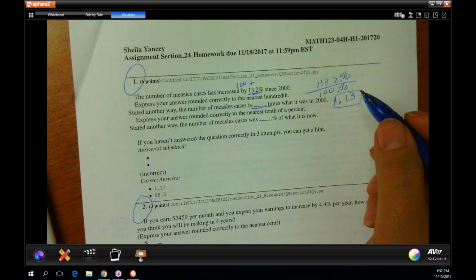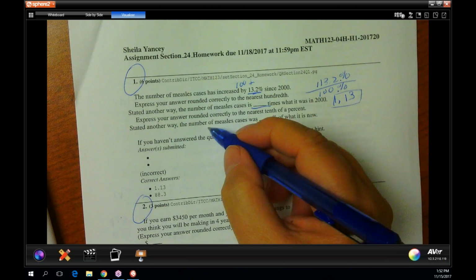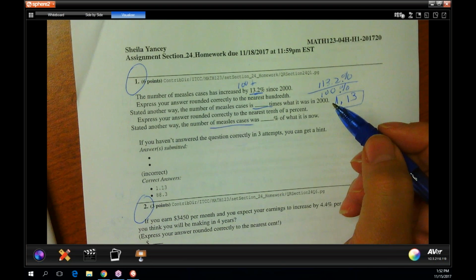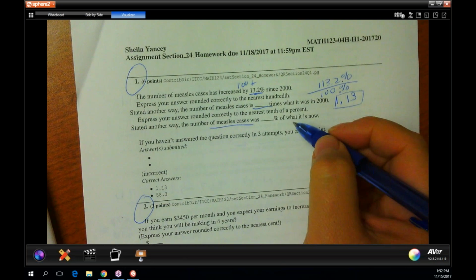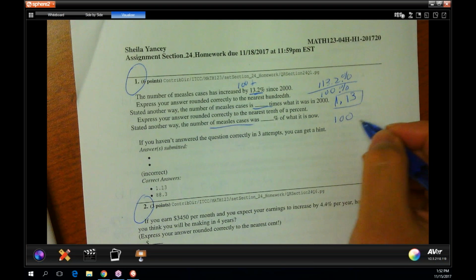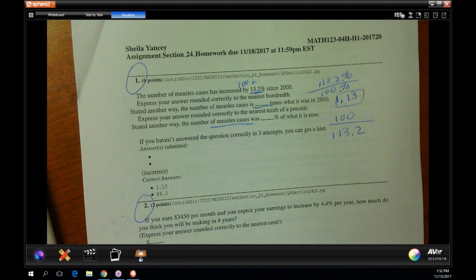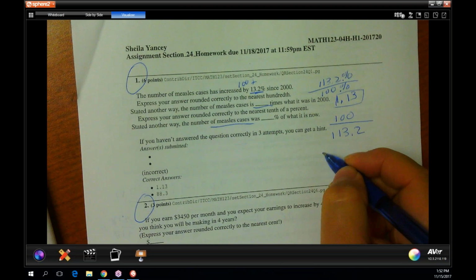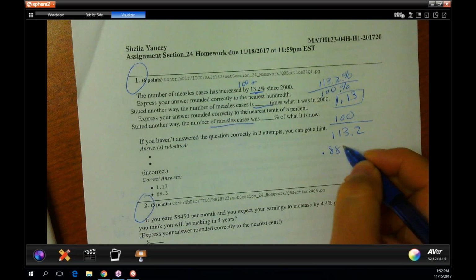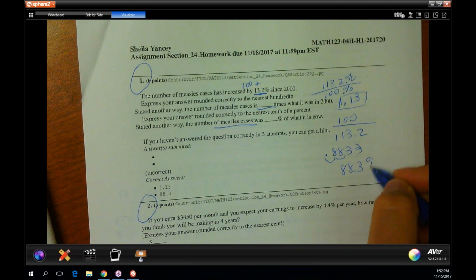Okay. The number of measles cases was blank percent of what it is now. Okay, so now would be 100% and divide that by 113.2 and you get 0.8833, 88.3%.